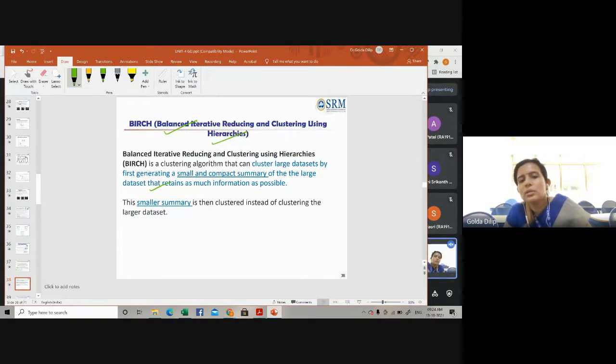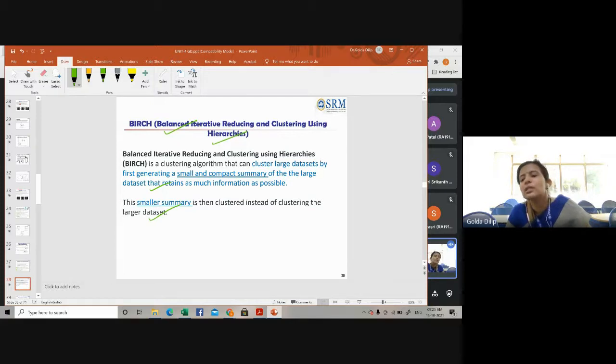This smaller summary is then clustered instead of clustering the larger data set. Look into the technique followed by Birch: it first generates a compact summary that retains as much information as possible, and that smaller subset is clustered rather than the larger data set.